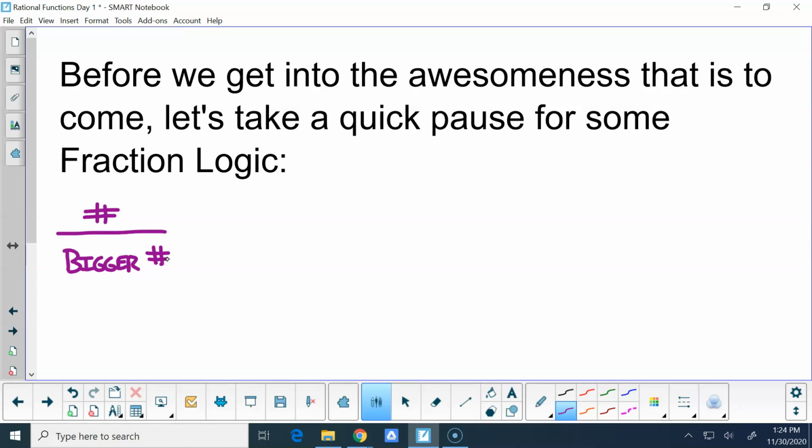As that number on the bottom keeps getting bigger and bigger, what happens to the value of that fraction?